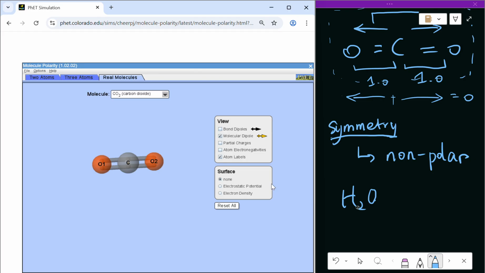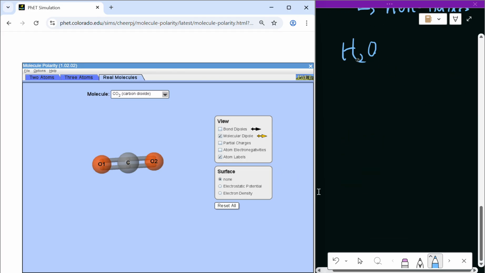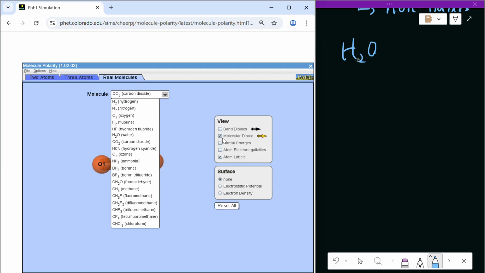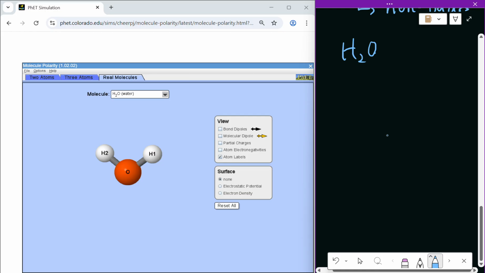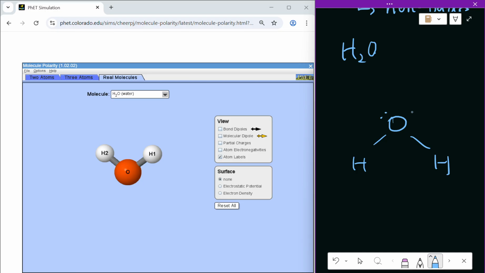Now, let's look at water. So if we pull up the water molecule simulation right here, it's going to look like this. And as mentioned in our previous video, this is an angular or bent shape. And let's analyze the bond dipoles first. So it would have an oxygen here, 2 hydrogens here, forming single bonds, with 2 lone pairs on the central oxygen atom.